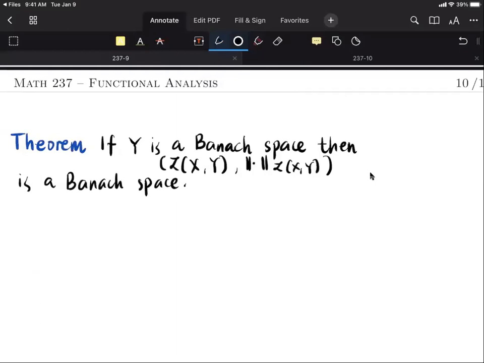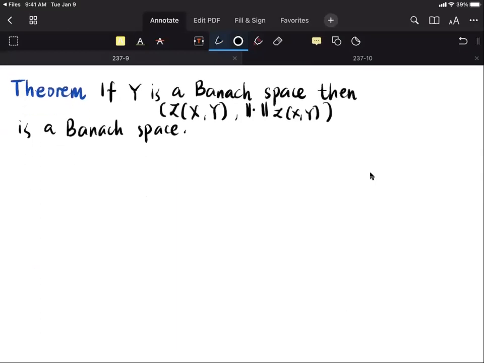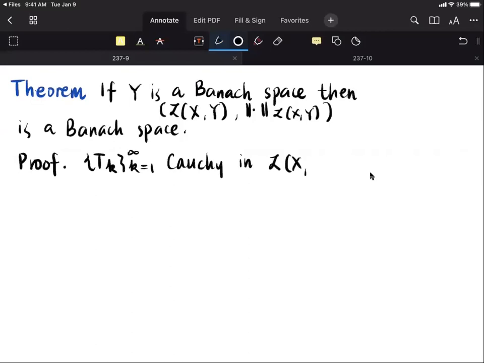Okay, and the proof is, let's say, similar to the proof of the completeness of the space of continuous functions from X to Y. Let us review the proof for completeness. So let's start with a Cauchy sequence in L(X,Y).